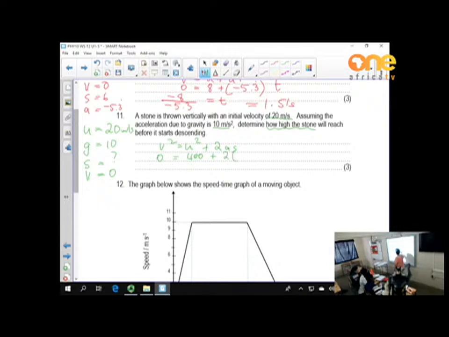Twice our acceleration is 10, and the distance is what we are looking for. So we end up with minus 400 divided by 20 is equal to s. So the answer is 20. Yeah, s is equal to 20 meters.